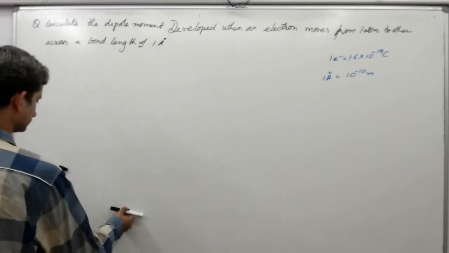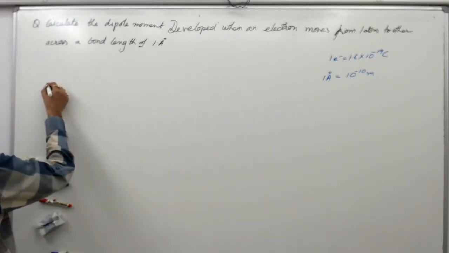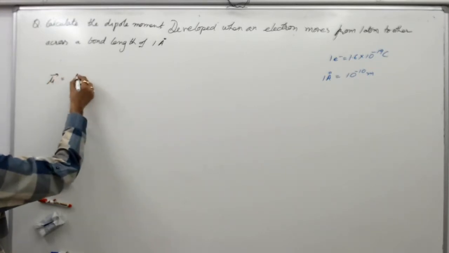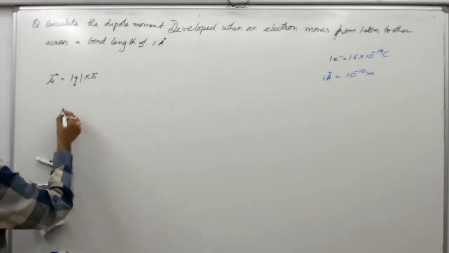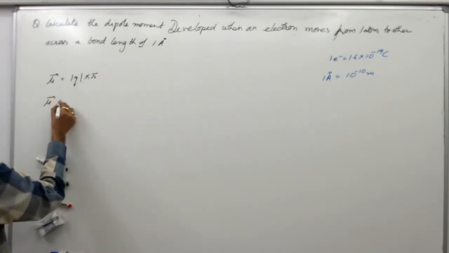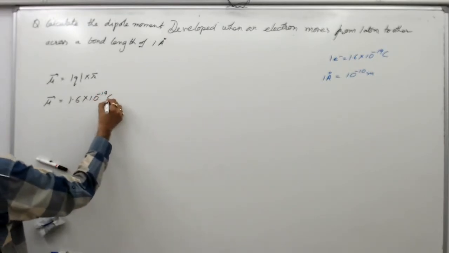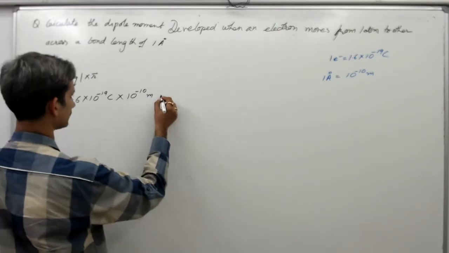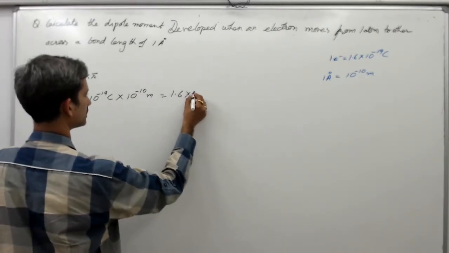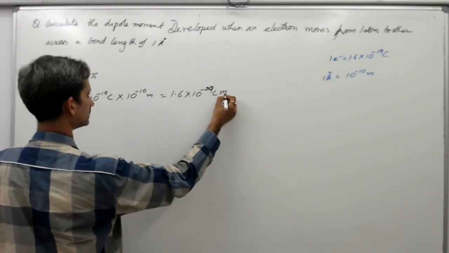Mu is equal to magnitude of charge separation into r vector. So mu becomes 1.6 into 10 raised to power minus 19 coulomb multiplied by 10 raised to power minus 10 meter, which is equal to 1.6 into 10 raised to power minus 29 coulomb meter.